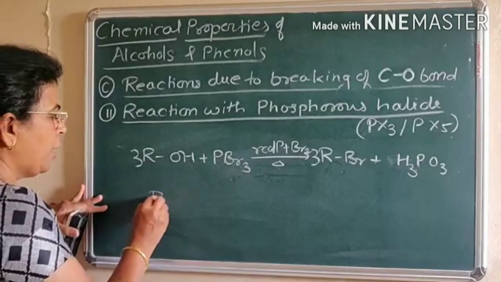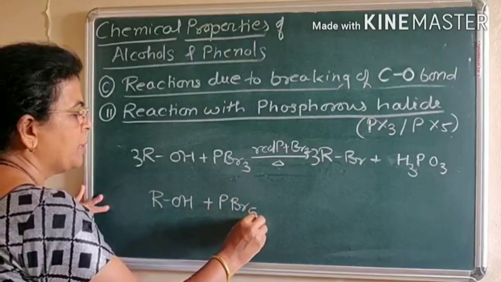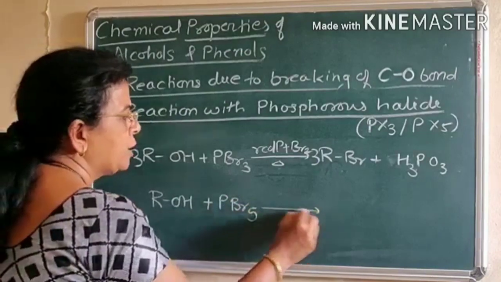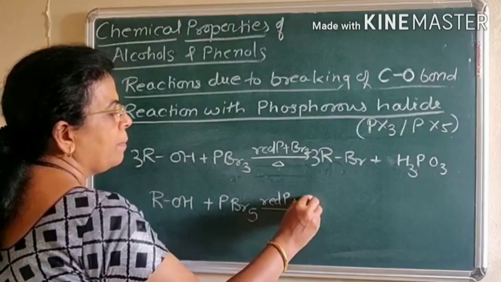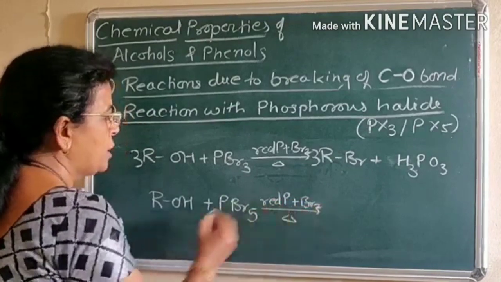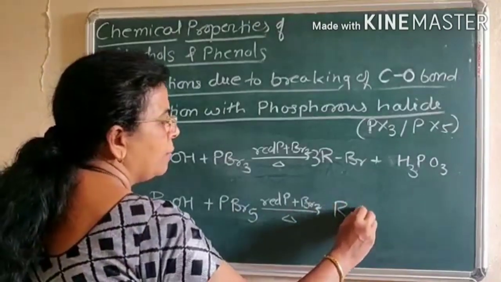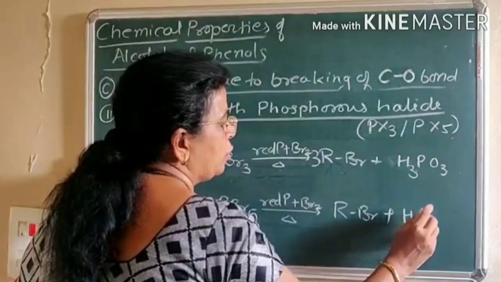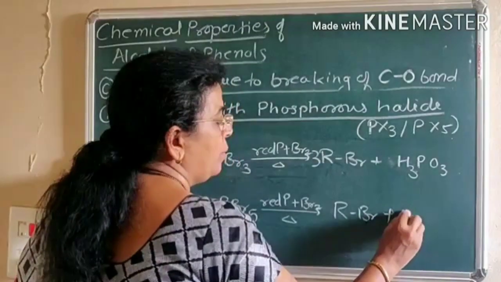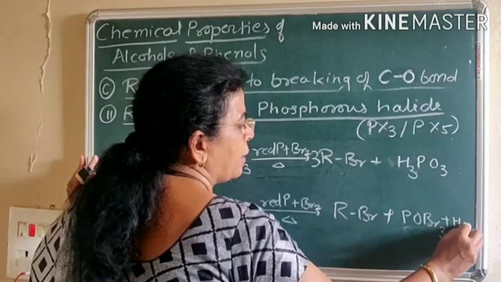Now if we carry out this reaction with PBr5, then same like phosphorus pentachloride, same reaction takes place. But here write red phosphorus plus Br2 molecule, heat this or reflux this, then you will get here RBr plus POBr3 plus HBr.